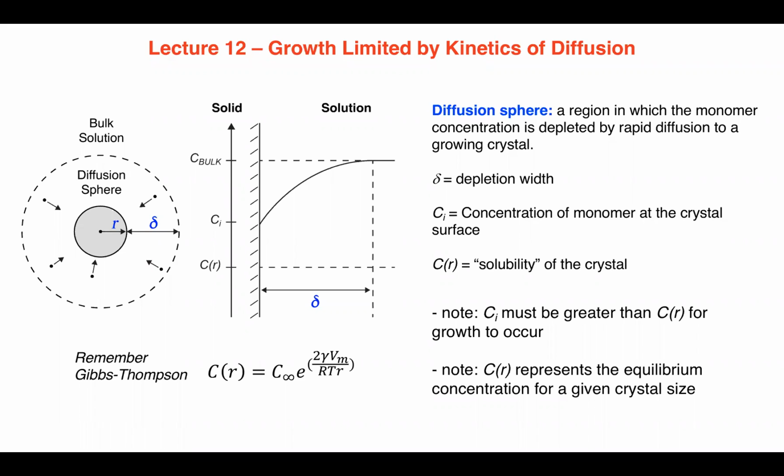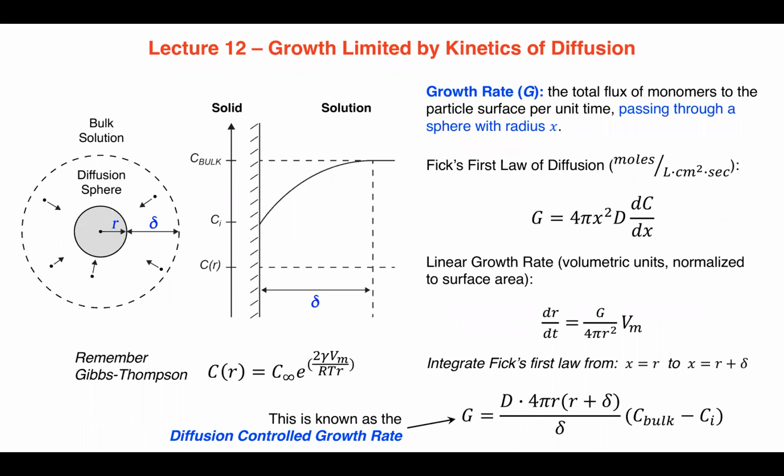Okay, so you get this depletion width. Let's take a look at Fick's law of diffusion here. The growth rate under one of these processes can be described by the flux of monomers to the surface per unit time, the number of monomers that reach the nanoparticle surface per unit time, and then you can define this as passing through a sphere of radius x.